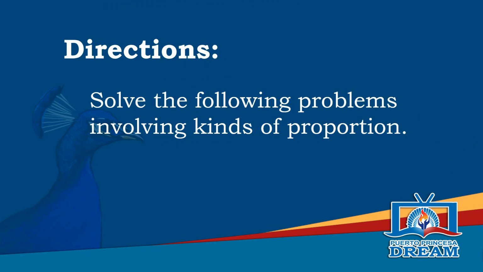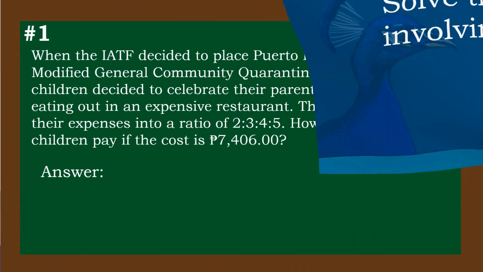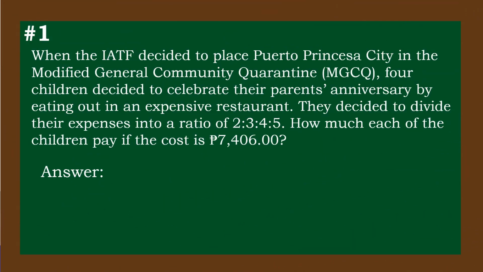Solve the following problems involving kinds of proportion. Number 1. When the IATF decided to place Puerto Princesa City in the Modified General Community Quarantine or MGCQ, 4 children decided to celebrate their parents' anniversary by eating out in an expensive restaurant. They decided to divide their expenses into a ratio of 2:3:4:5.